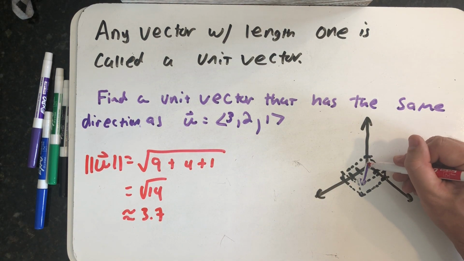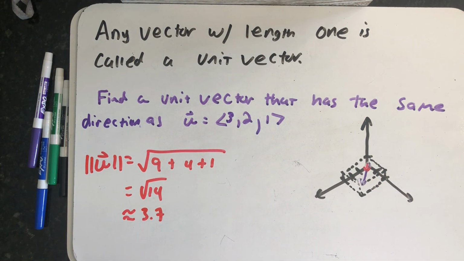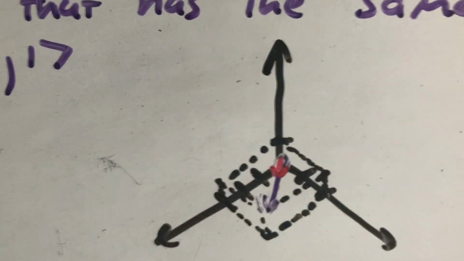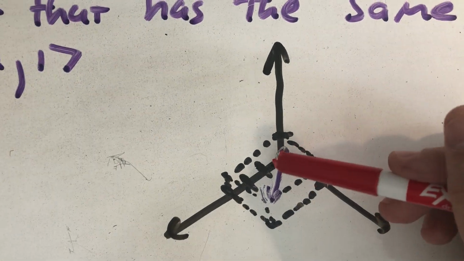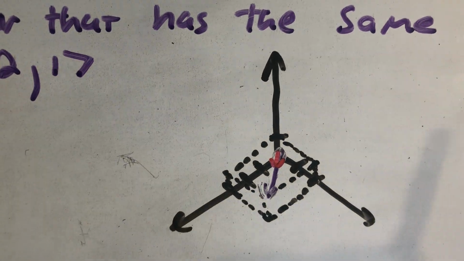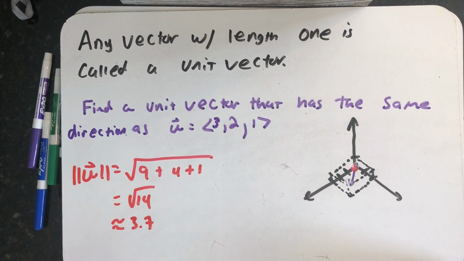The unit vector that points in that same direction is the vector that's 1 unit long, just a little bit of the way up on that vector. It's a little hard to see, but I have a long vector that's just under 4 units long, and there should be a unit vector pointing up along that vector that's only 1 unit long. So imagine just going 1 unit out and up and away from the origin.